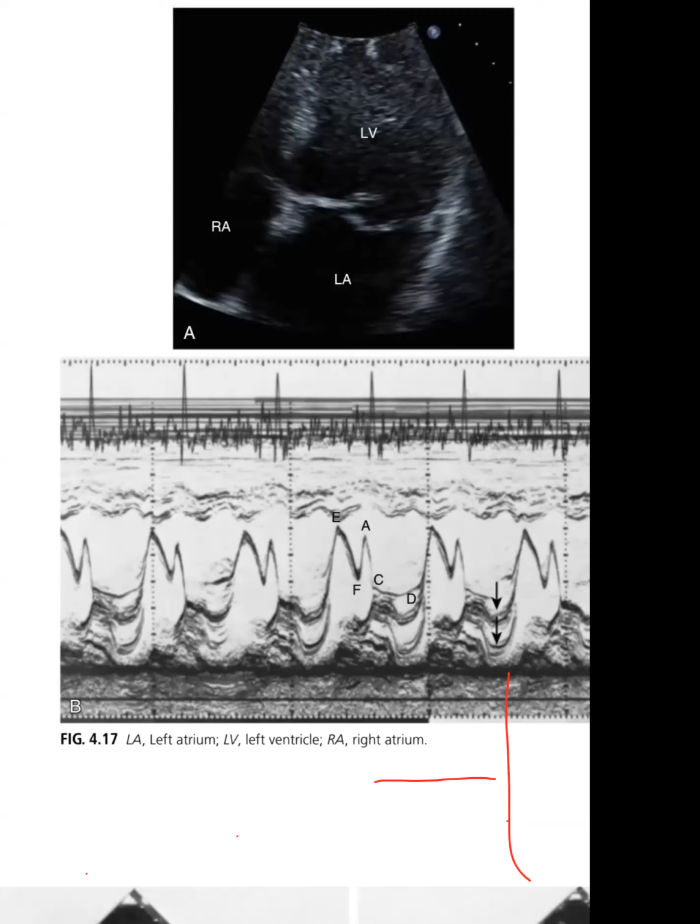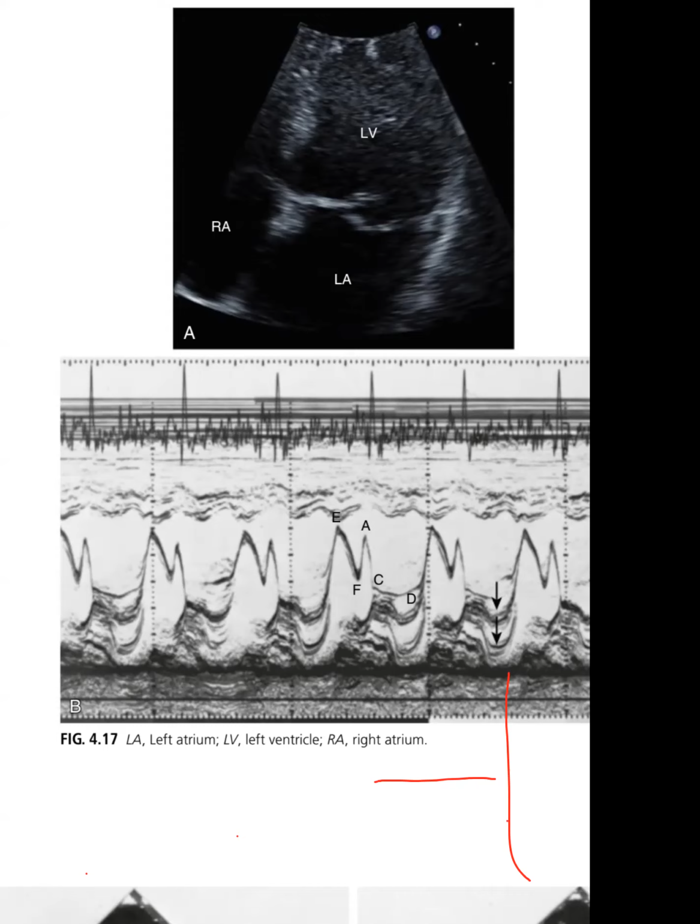Dr. Briggs, the upper image, the echo image you are seeing, is the apical 4. Yes. The M mode image you are seeing down can only be gotten from a parasternal long axis view.